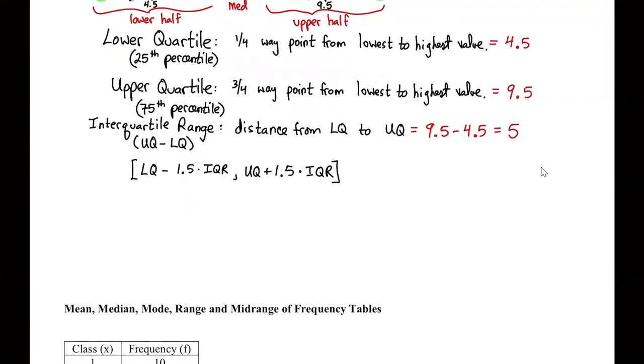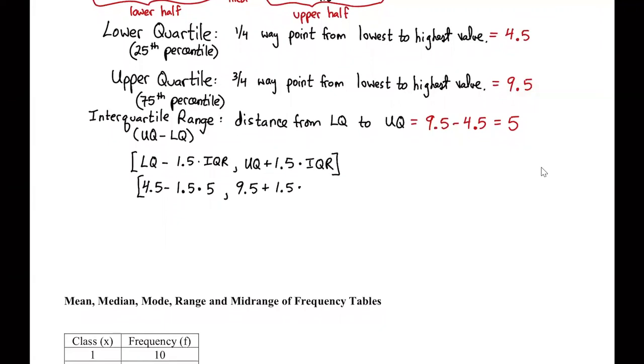Right, so the LQ, 4.5, minus 1.5 times the IQR, which is 5. The UQ, 9.5, plus 1.5, that 1.5 is built into the formula, times the IQR.